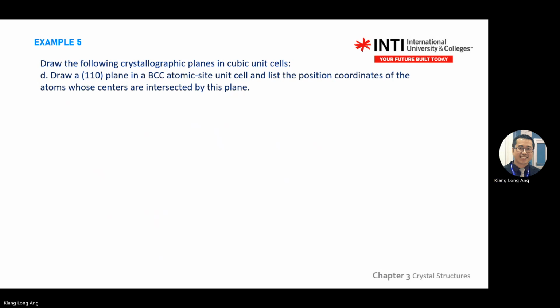Then you slide the plane 110. 110 means 1, 1, and then half. So it means you chop the thing diagonally like that. Then it asks you to list the position coordinates of the atoms whose centers are intersected by this plane.